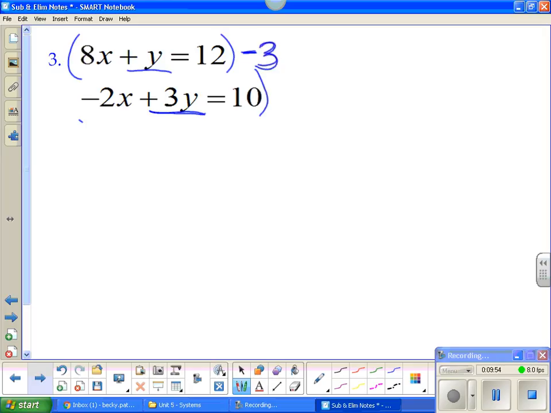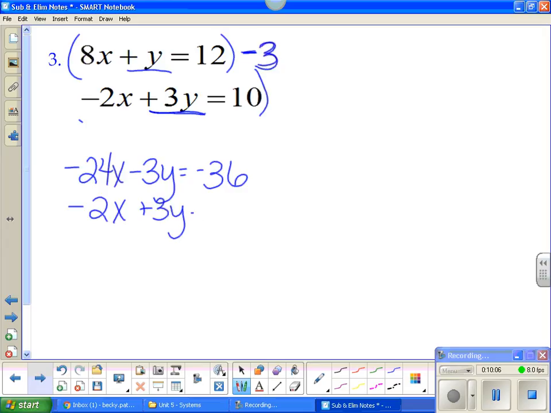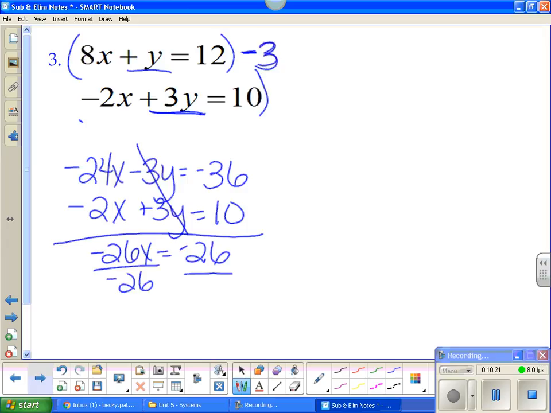So I'm going to multiply the whole top equation by negative 3. So negative 24x minus 3y equals a negative 36. And then negative 2x plus 3y equals 10. And you can see that those are going to cancel. That was the whole point of what we did. So now I'll just add everything else up. Well, this is a negative 26x equals a negative 26. Divide.